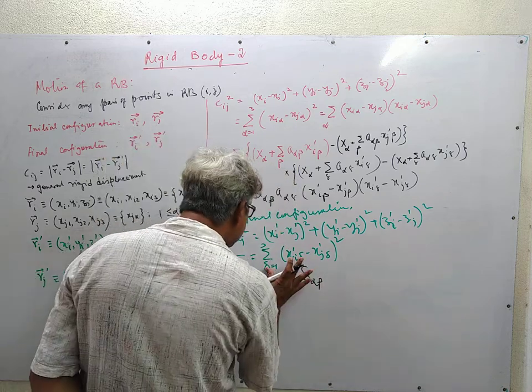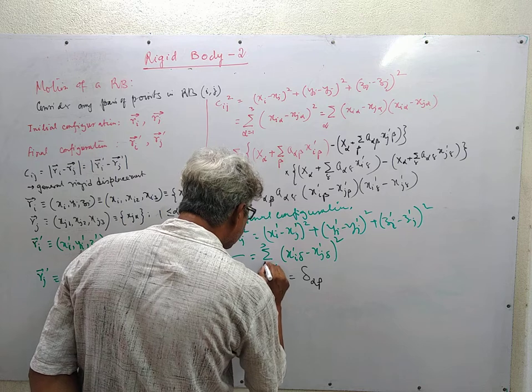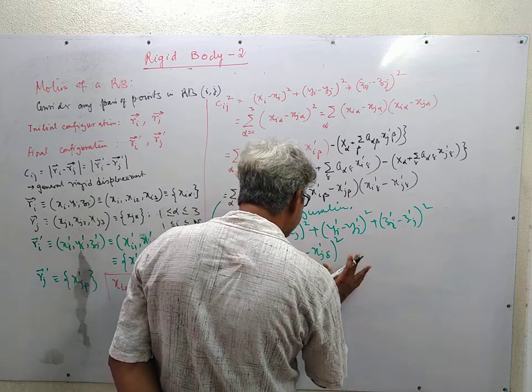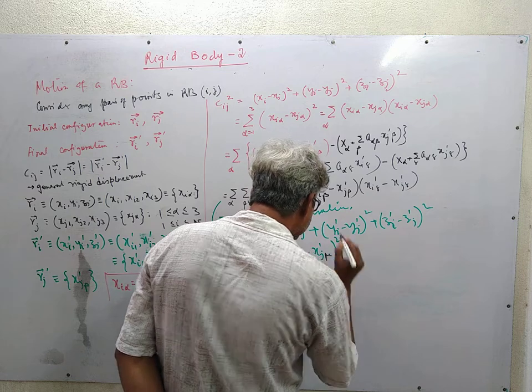In that case, this index should be changed to some other variable, otherwise confusion may come with the Kronecker delta function.